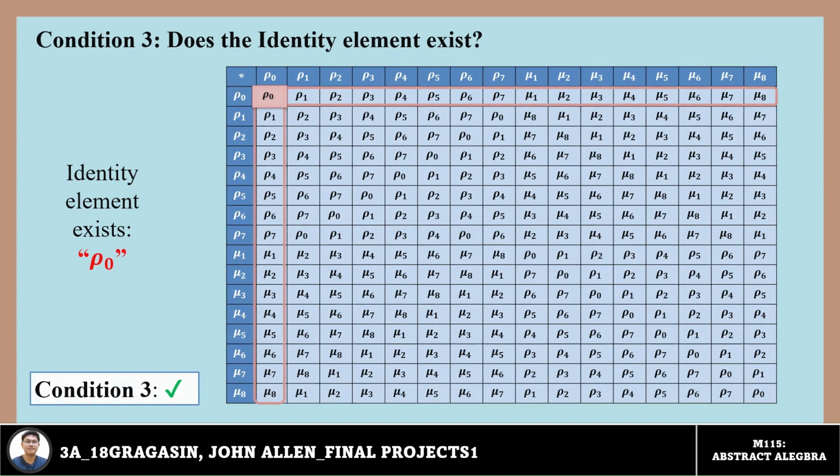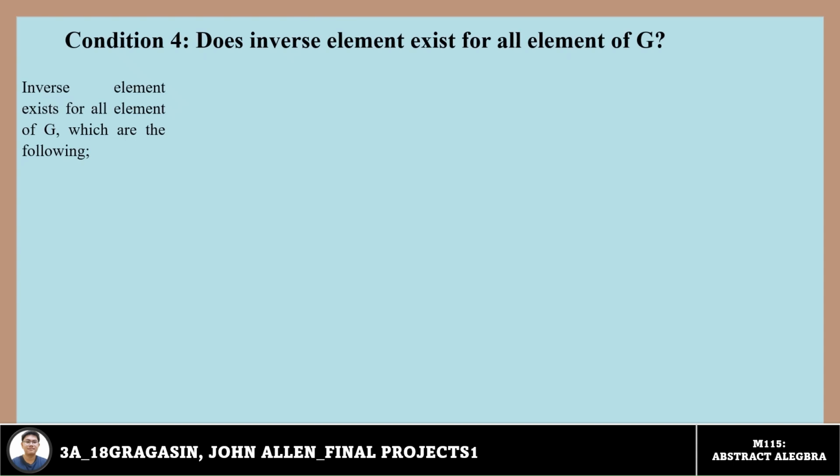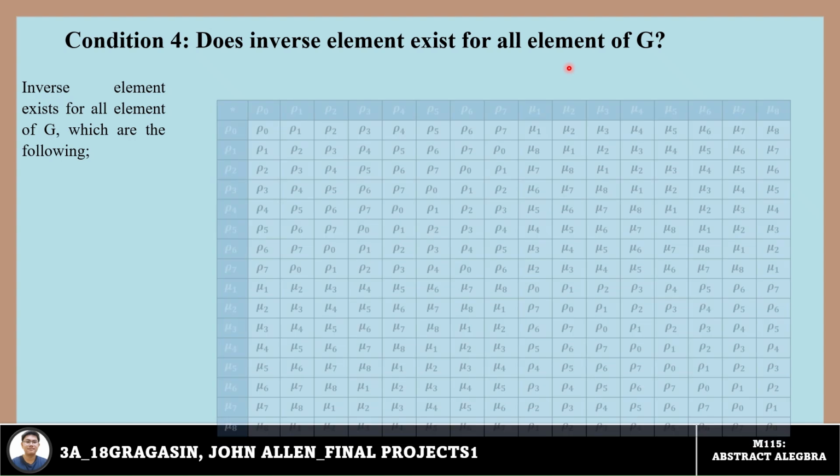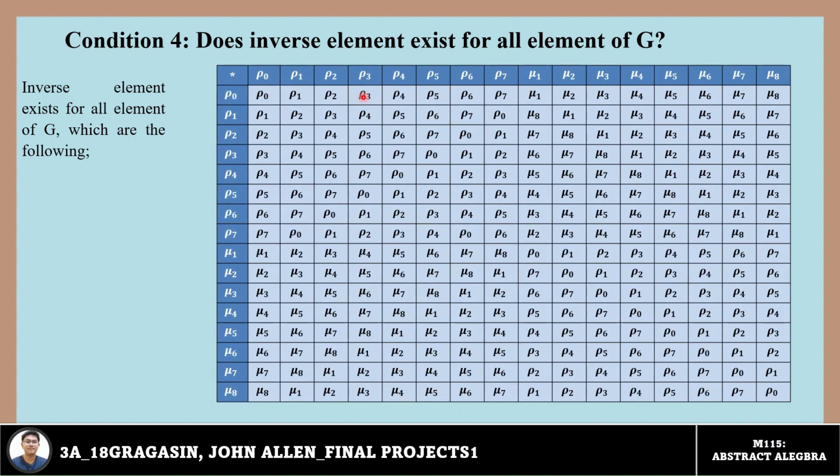And then next, condition 4. Does an inverse element exist for all elements of G? So we have here the table from earlier. In order to find the inverse of the elements in the set G, we need to first locate the identity element.